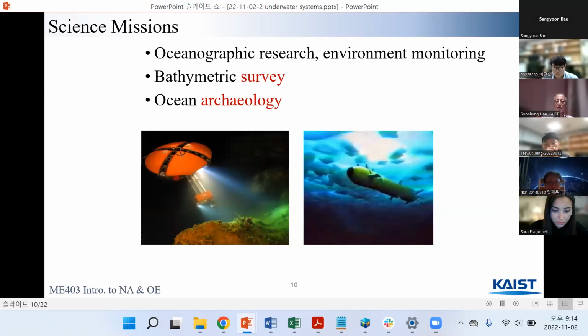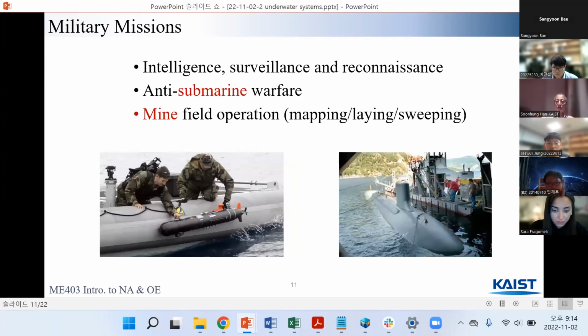Scientific missions: oceanographic research, environmental monitoring, bathymetric survey, and archaeology to find out all the history underwater. Military missions: intelligence, surveillance, and reconnaissance; anti-submarine warfare; and mine sweeping or minefield operation.